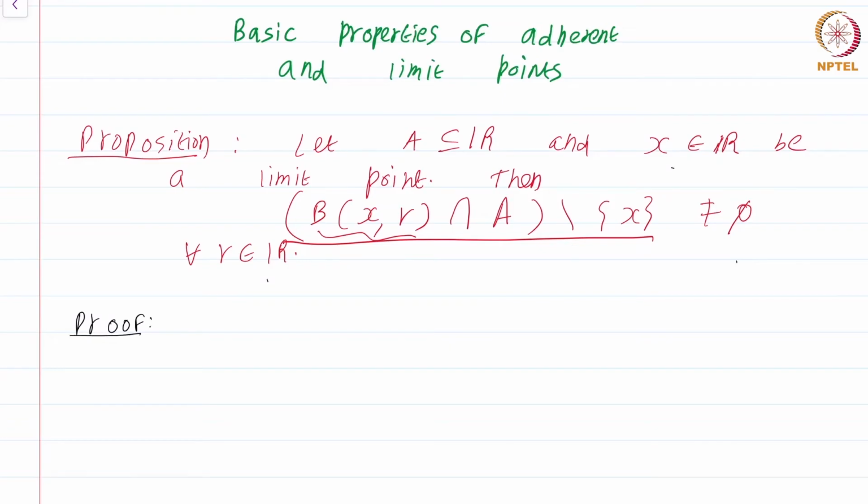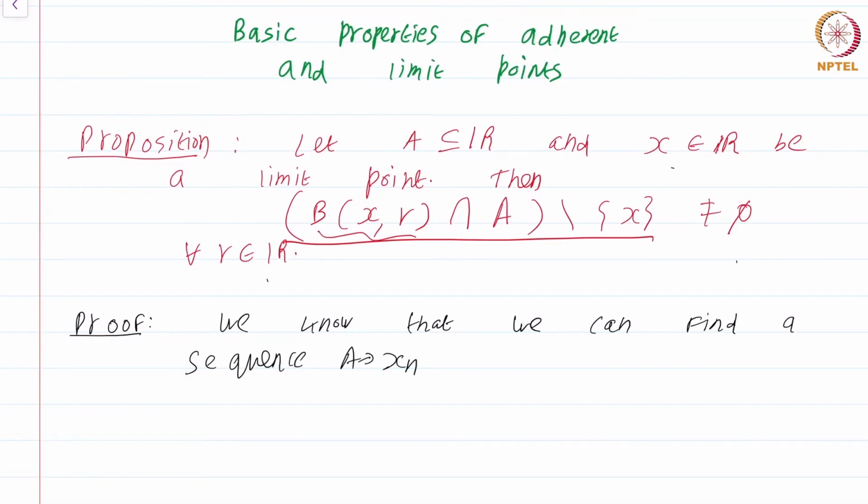Now, we know that we can find a sequence x_n. These x_n's come from A, converge to x, and the x_n's are distinct.